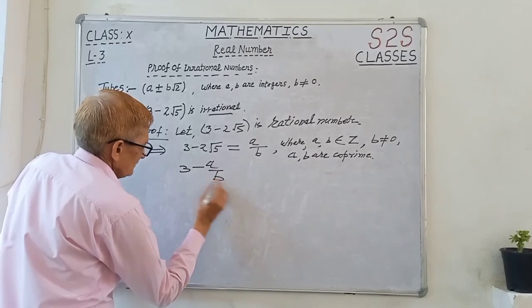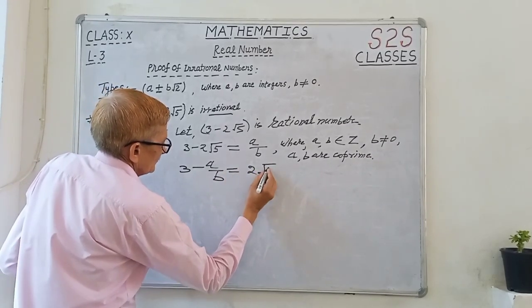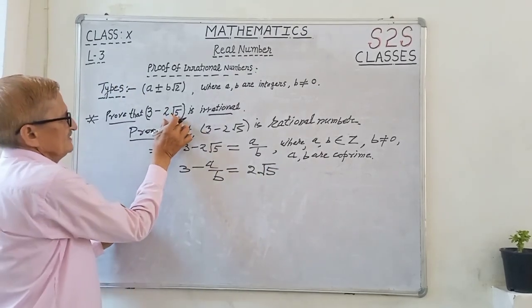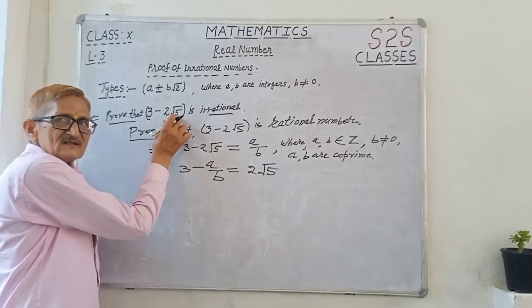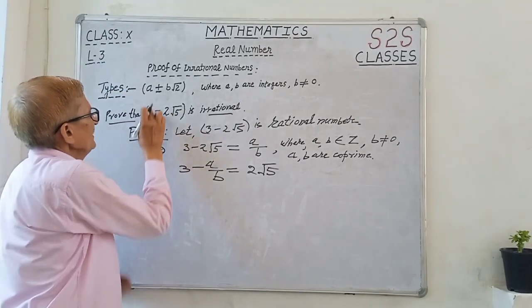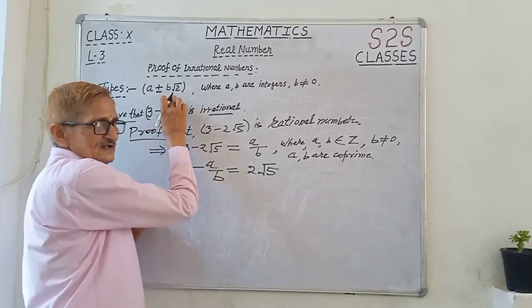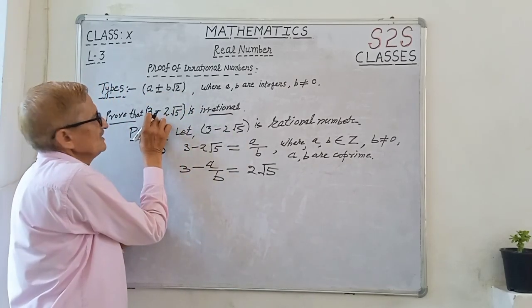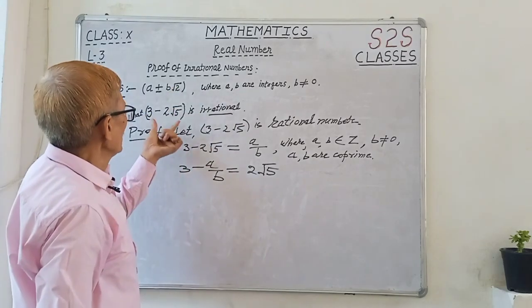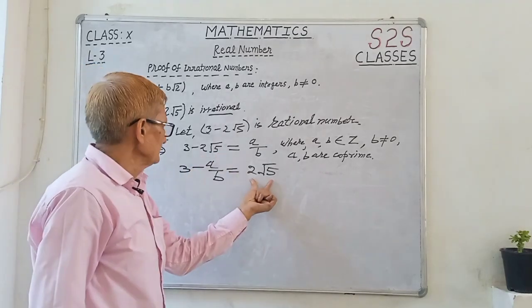a upon b is equal to 2√5. This part take one side, means irrational part. In this, one part is rational, a upon b, and the other is irrational. These two terms are there. One term is purely rational, the other is irrational. Then the irrational term, take one side.